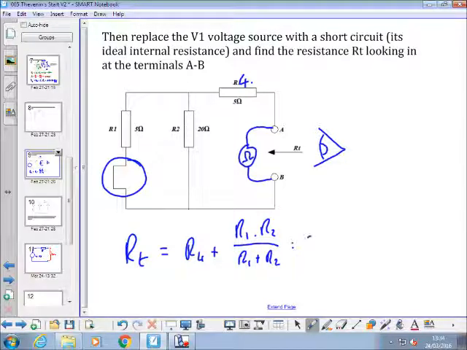So we've got 5 plus 5 times 20 over 25. That's 100, and that's 4. 100 over 25 is 4. So 9 ohms.